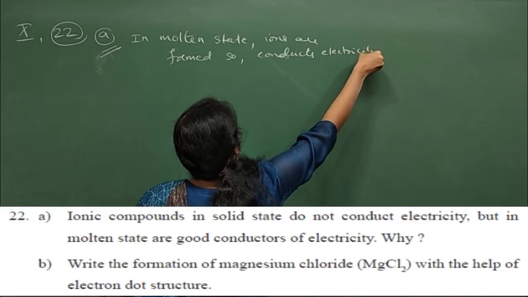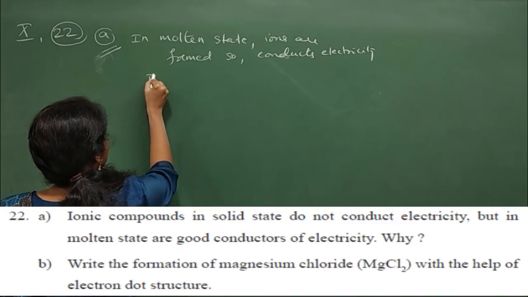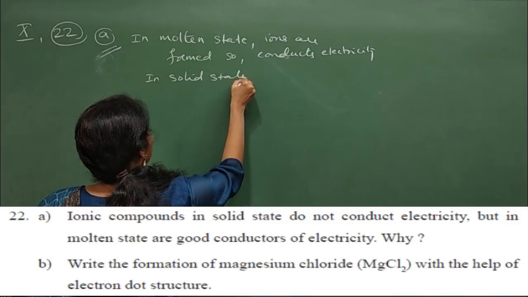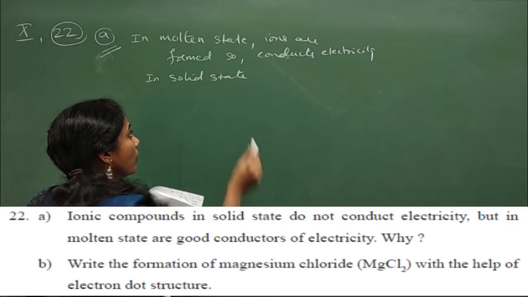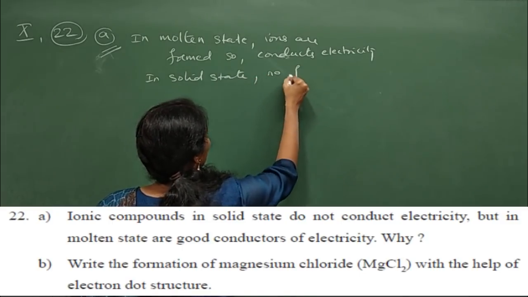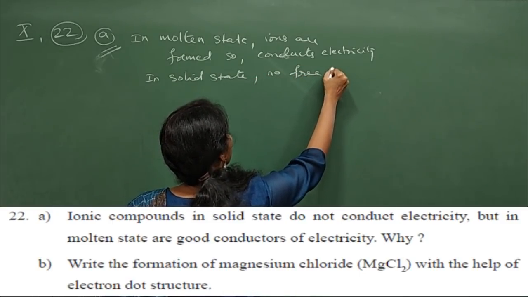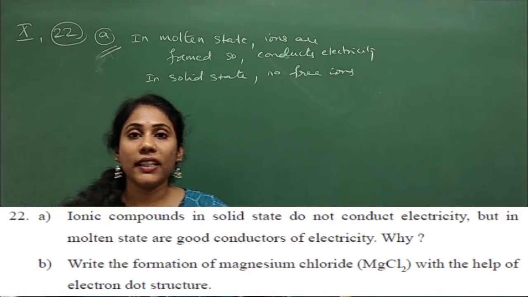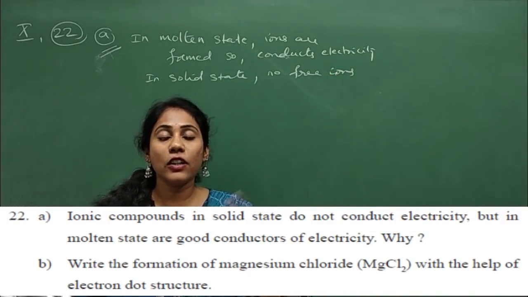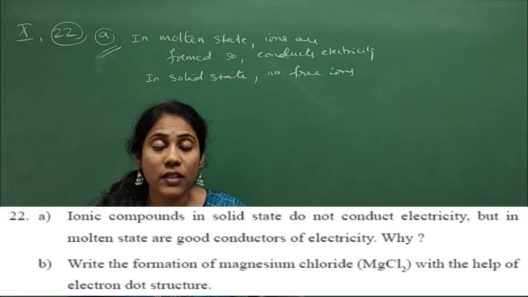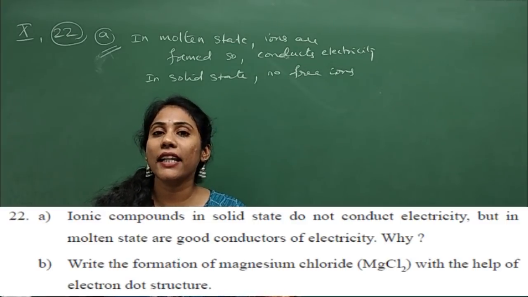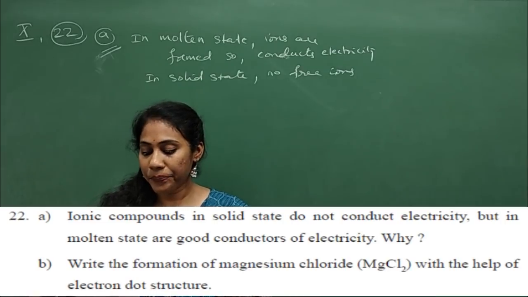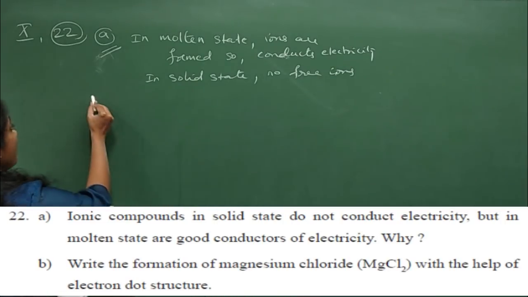Whereas in solid state, attraction between ions is more, so no free ions you can write. No free ions. That is why in solid state they do not conduct electricity. So ions are not free because between ions you will have a strong attraction called electrostatic force of attraction, isn't it? Fine.